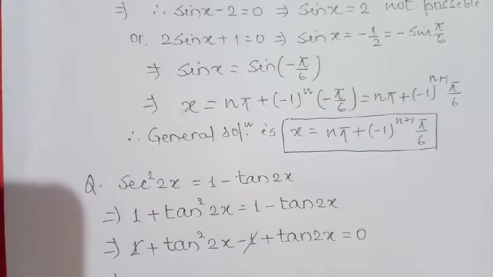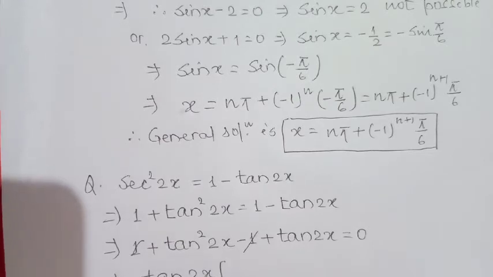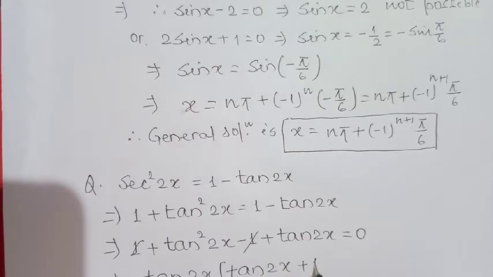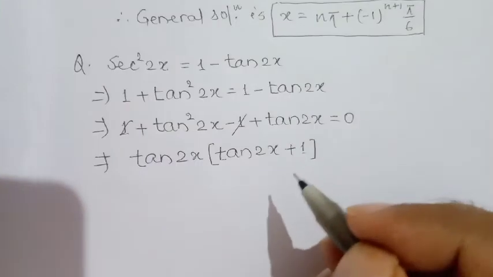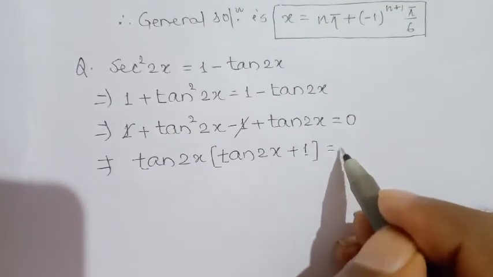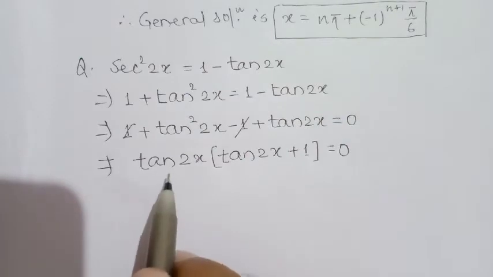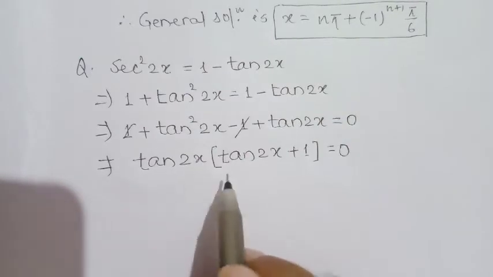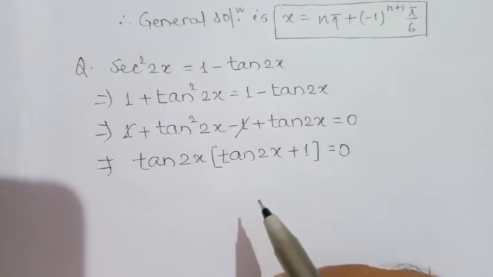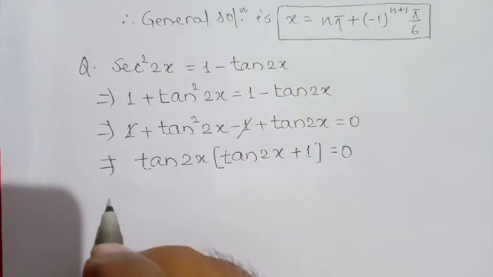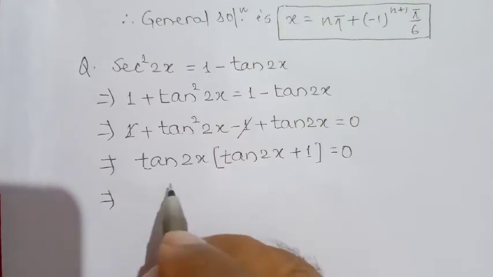Now we have tan square 2x plus tan 2x. Take out tan 2x as common. So we have tan 2x into tan 2x plus 1 equals to 0. Again, one term is tan 2x, another one is tan 2x plus 1. Product of both terms is 0, which means any one of them should be 0.